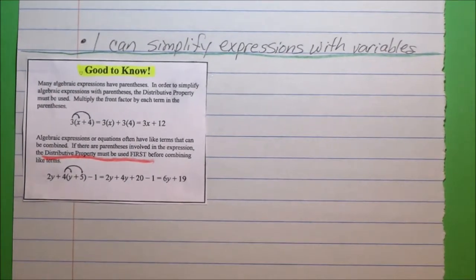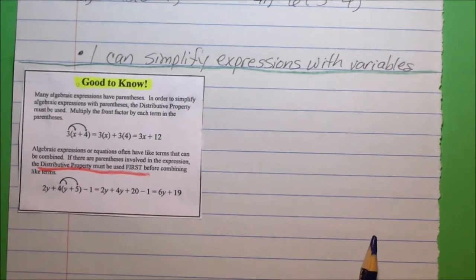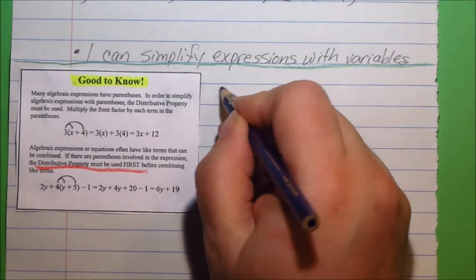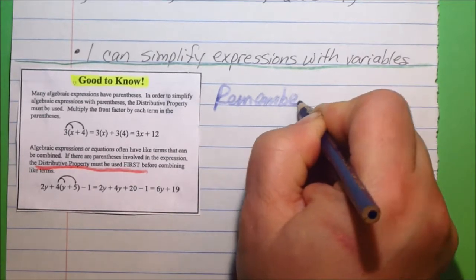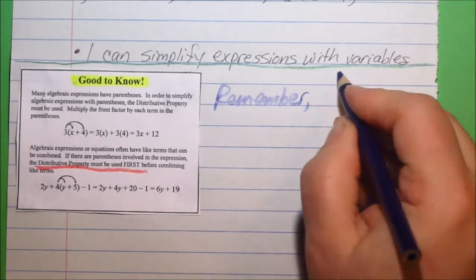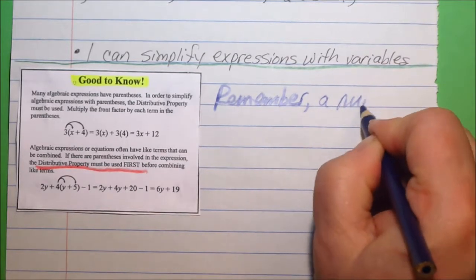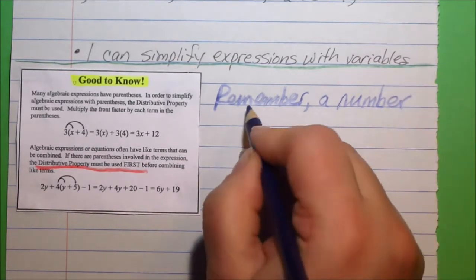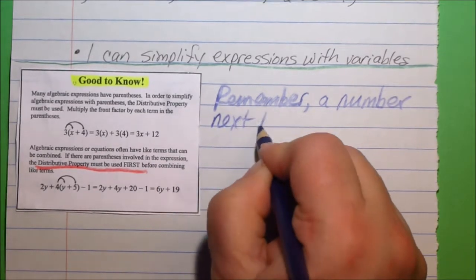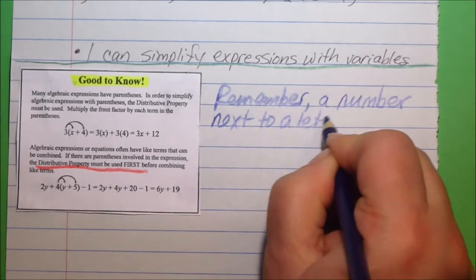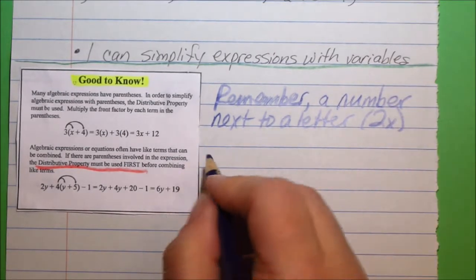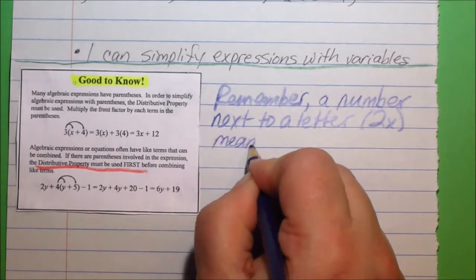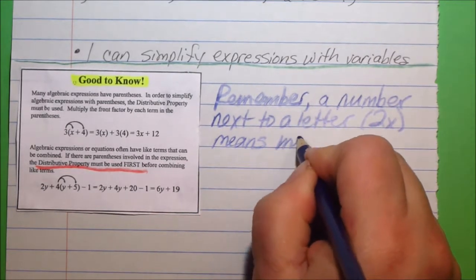Okay, so I'm going to take my blue pencil and write a little note up in the top here. So remember, a number next to a letter, for example, 2x, means multiply.